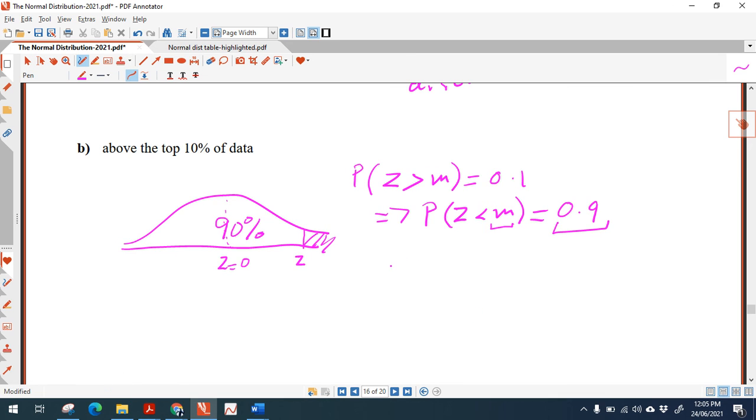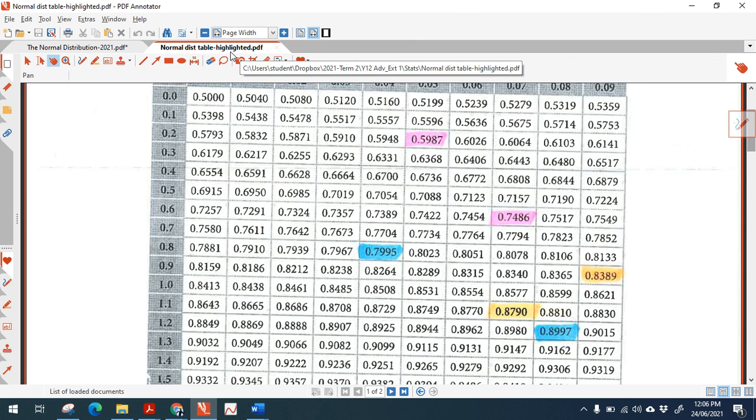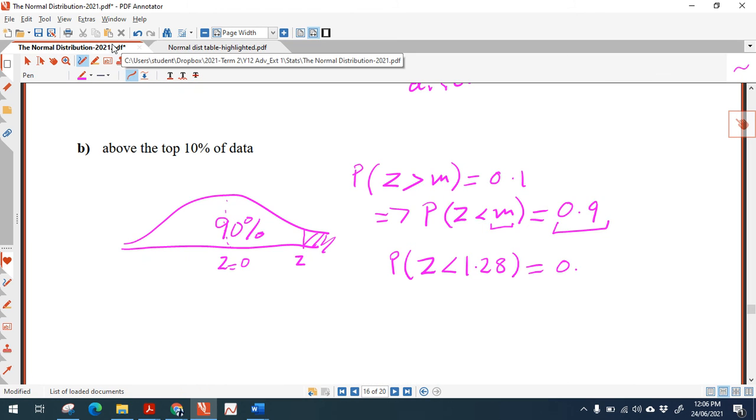So we can say then that the probability that z is less than 1.28 is equal to, let's just double check there for a minute, sorry, 0.8997.